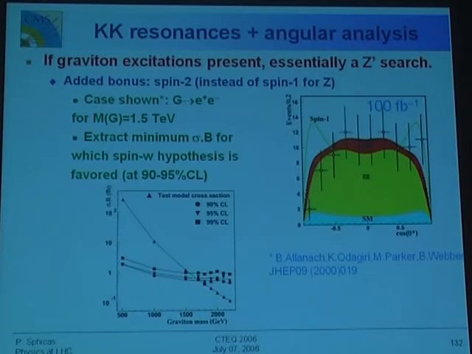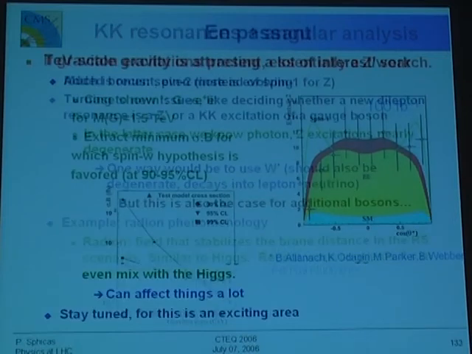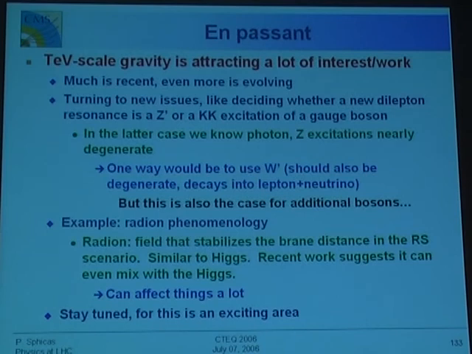This, of course, would be the first observation of a spin 2 fundamental particle. The reach for this kind of analysis is a bit higher than 1.5 TeV. This would be spectacular. It would be the first sign of something that's got to do with gravity in the world of particle physics.